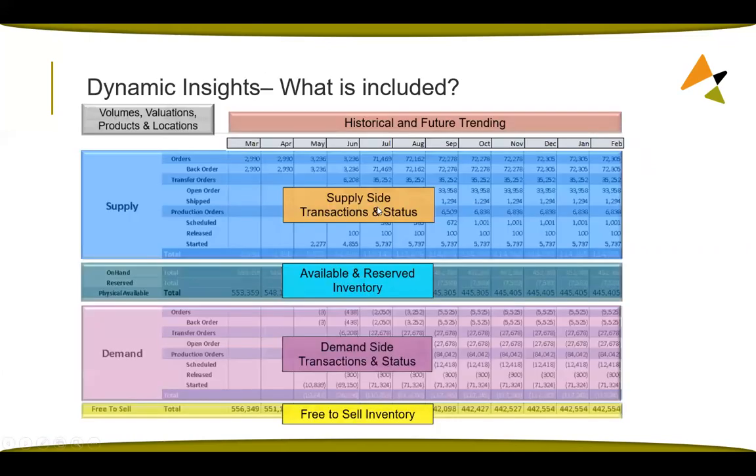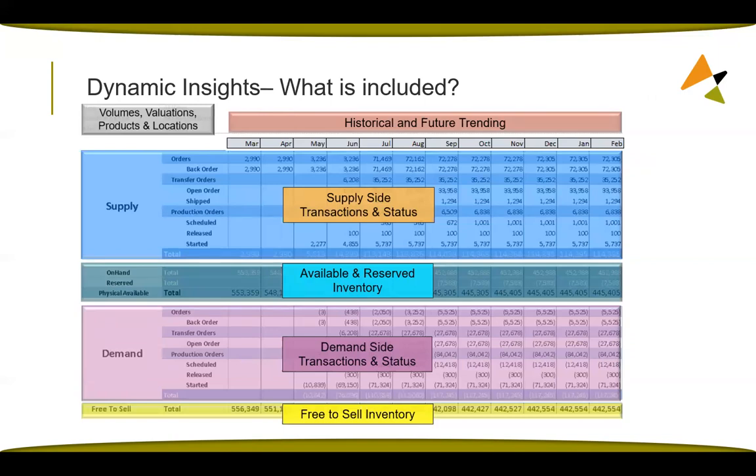So just a little bit of background for you. This is an example looking at on-hand information, so trended over time. You can also see the supply side, so these are going to be the orders that you expect to receive in, so your purchase orders, your transfer orders in from one location to another, and then the production of finished goods. And all that information is on the supply side.